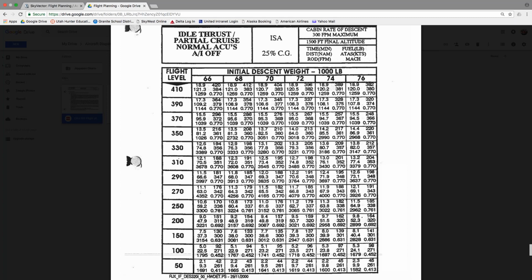Okay, so with that number, we can figure out our cruise leg. Since we're just going to finish off our IFR flight plan, jump over to your IFR flight plan.